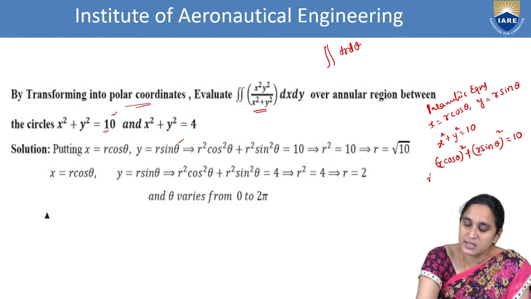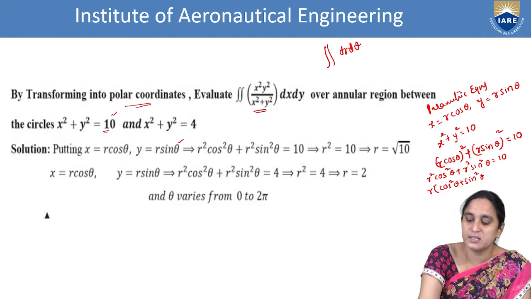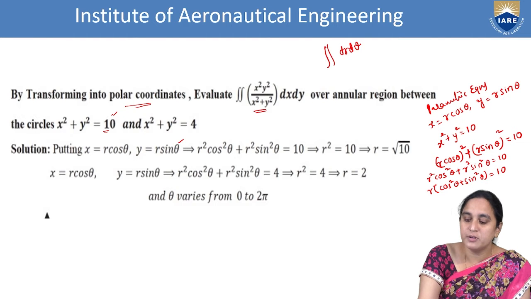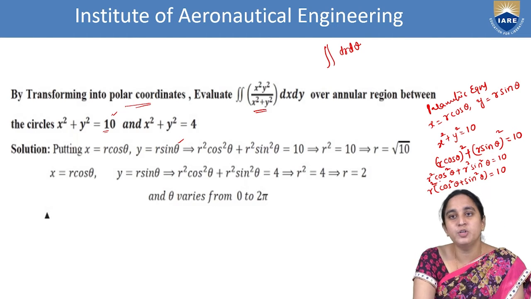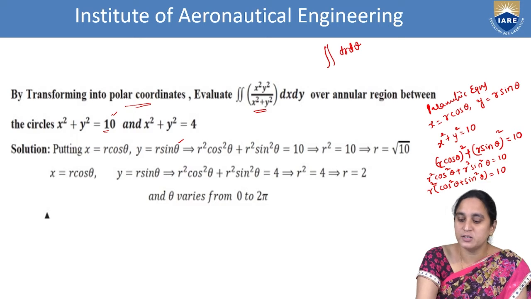I'll write this as r square cos square theta plus r square sin square theta is equal to 10. Taking r square common, that is r square into cos square theta plus sin square theta is equal to 10. Already we know the trigonometric formula that cos square theta plus sin square theta is equal to 1.